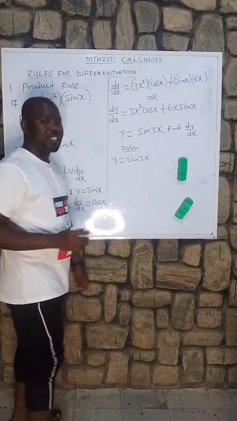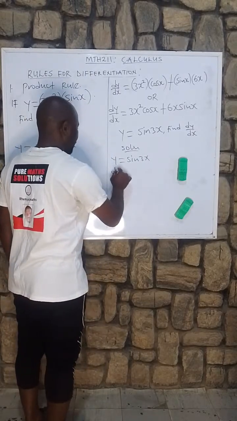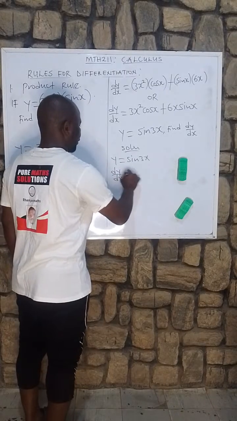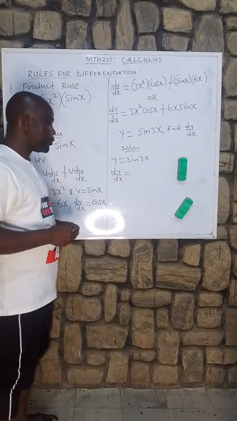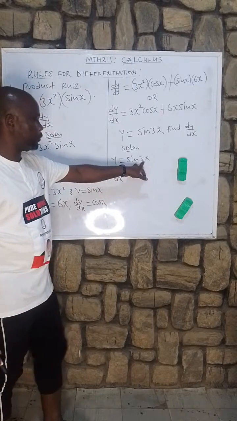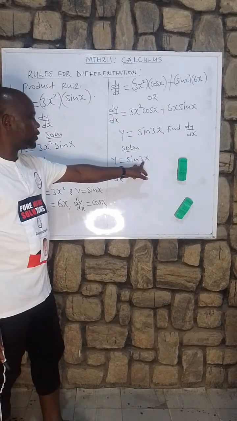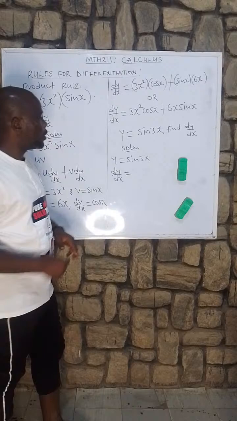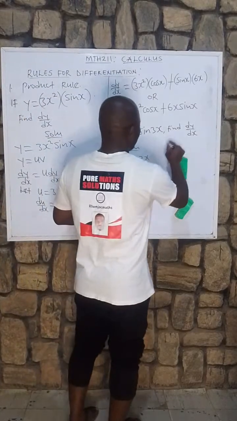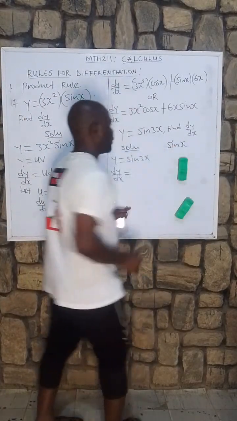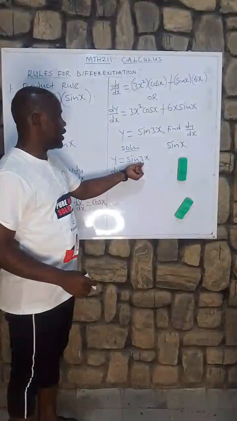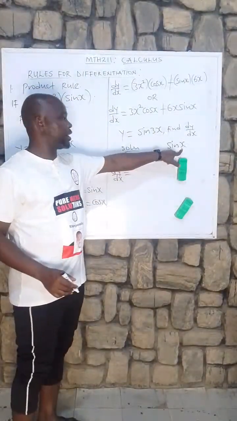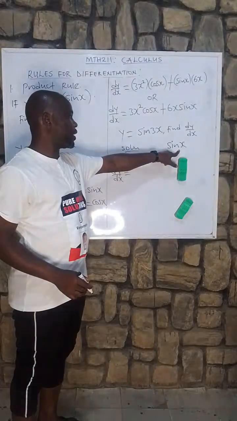So our dy over dx is equal to, what do you have here? 3, right? Then just assume that this is sine x.